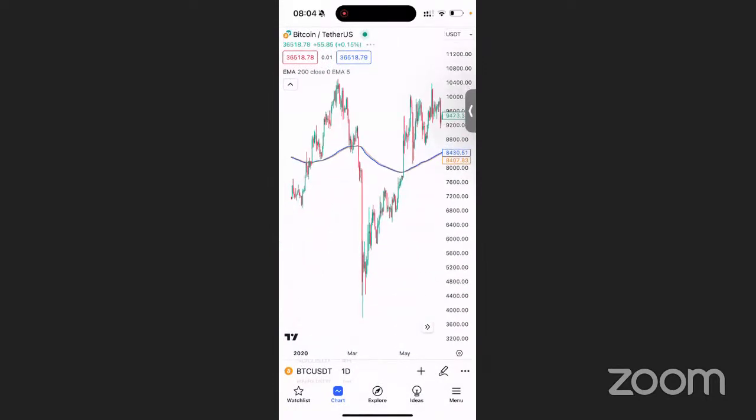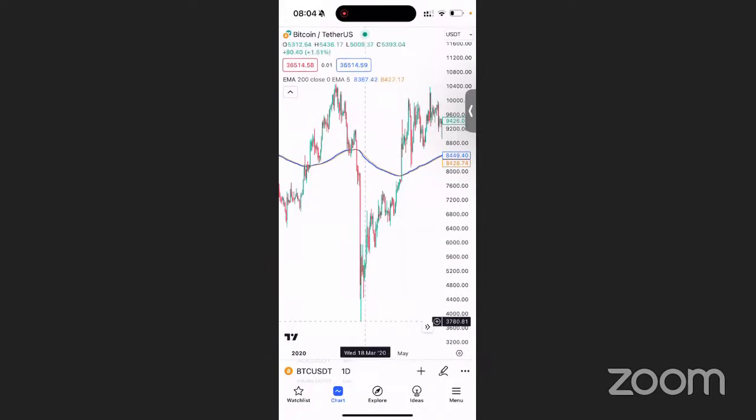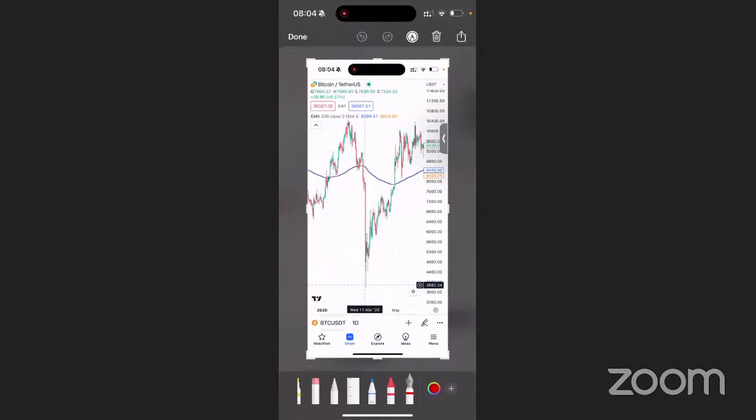Okay, so when you see those candles, because before, when we got back down here in March, on the 13th of March, ladies and gentlemen, you could see the downward trend of those years. Bitcoin went down to as low as $3,800.